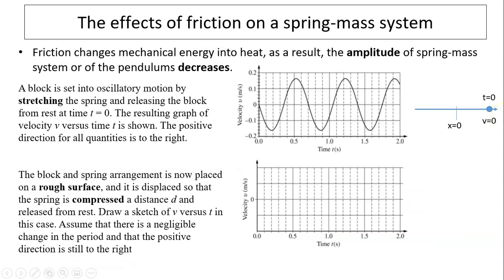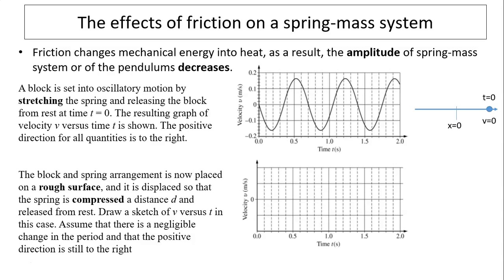The effect of friction on the spring mass system. So let's take a look. Friction changes total mechanical energy into heat. As a result, the amplitude has to decrease. So let's take a look at this example. A block is set into oscillation by stretching the spring and releasing the block from rest at t equals 0.